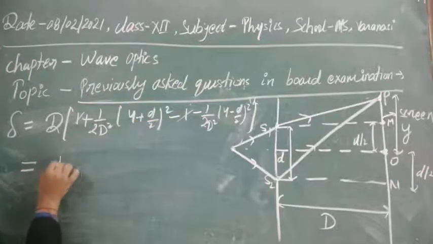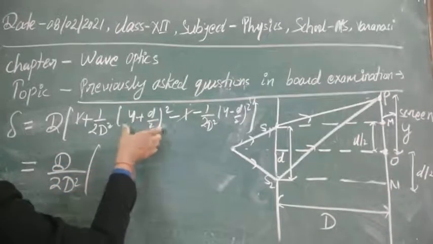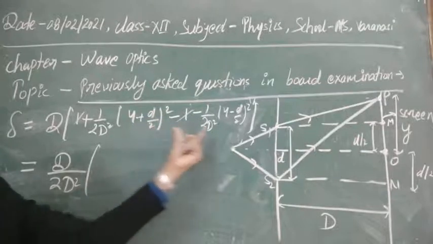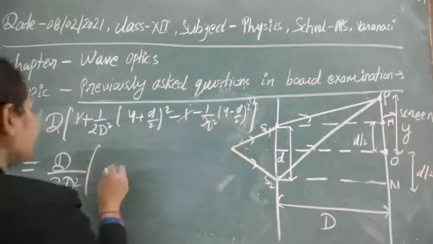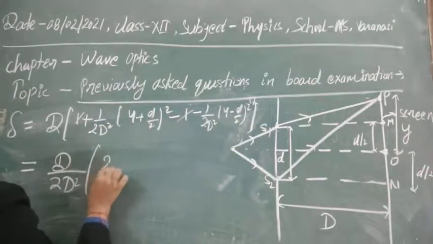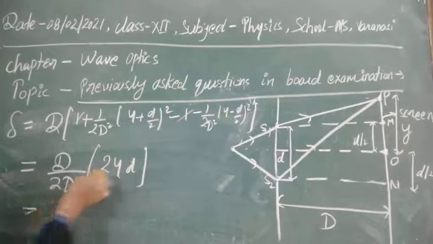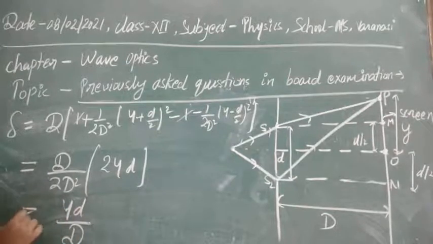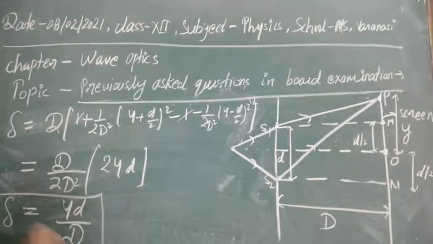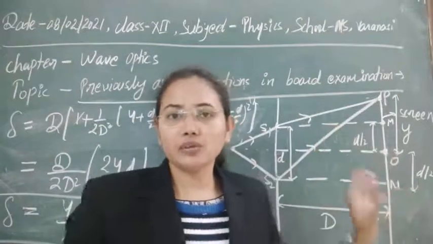We can take 2D square as the common factor, then this is y plus d by 2 whole square minus y minus d by 2 whole square, and if you expand those two, we finally get 2yd, and solving it we get yd by D. So this is the path difference delta. Finally we have calculated the path difference between these two interfering beams easily by using geometry.